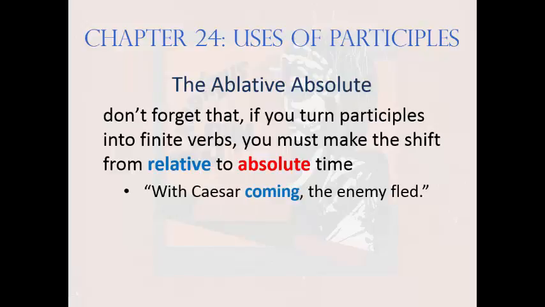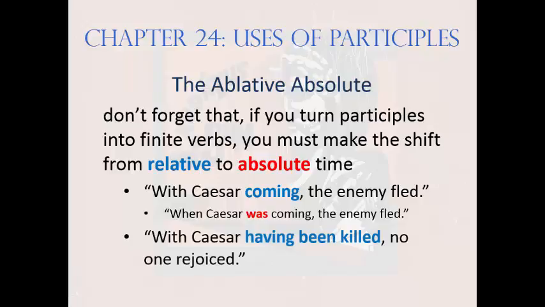When is the enemy's fleeing happening? In the past. So when is Caesar's coming happening? At the same time, the past. How then do you change "with Caesar coming" into a "when" clause with a finite verb? What tense do you use? The past, of course. "When Caesar was coming, the enemy fled."